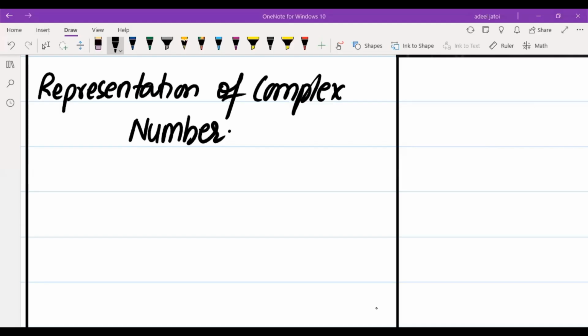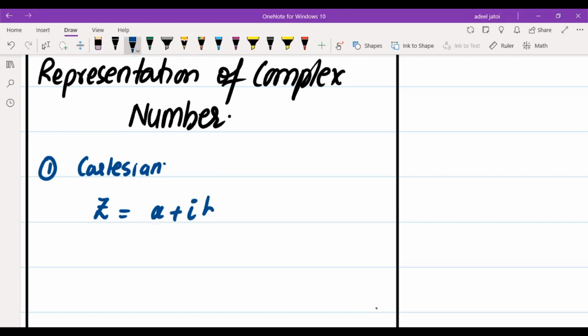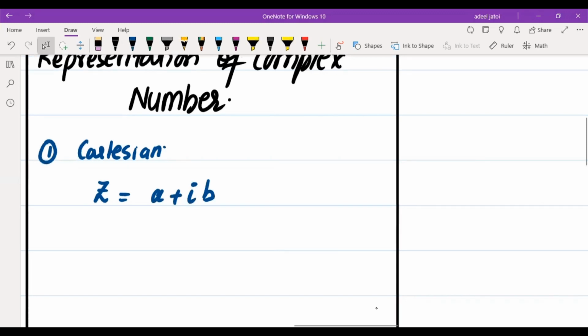Representation of complex number. There are four different ways a complex number is represented. Number one is the Cartesian form, which means a complex number will normally be written for Z as A plus iota B. This A is without the iota, so this is the real value of Z, whereas this B is the imaginary value of Z because it goes with the iota.